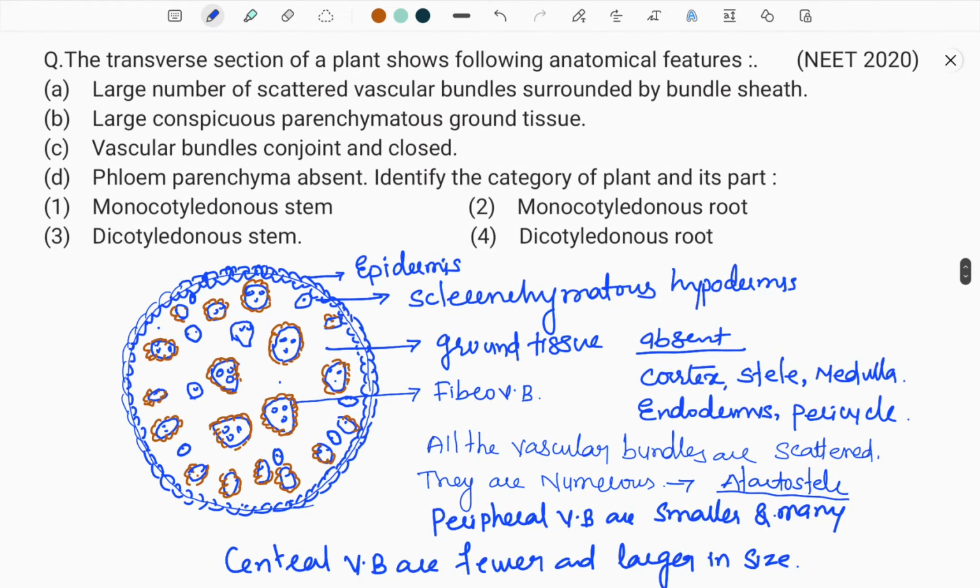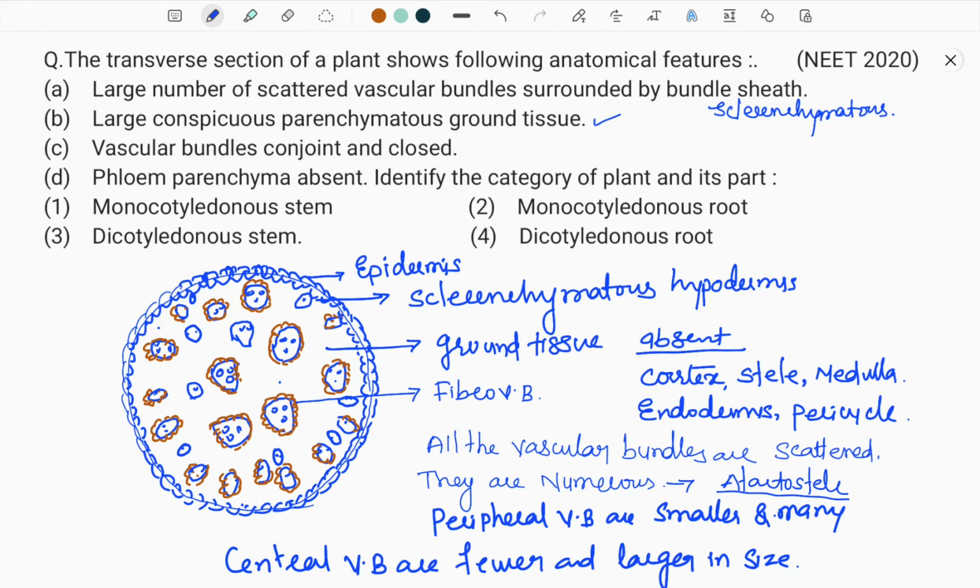The transverse section of a plant shows the following anatomical features: a large number of scattered vascular bundles surrounded by a bundle sheath. This is a sclerenchymatous bundle sheath. You know, here sclerenchyma is present in the form of hypodermis as well as bundle sheath cells. A large conspicuous parenchymatous ground tissue, yes, because there is no differentiation or demarcation of the hypodermis.